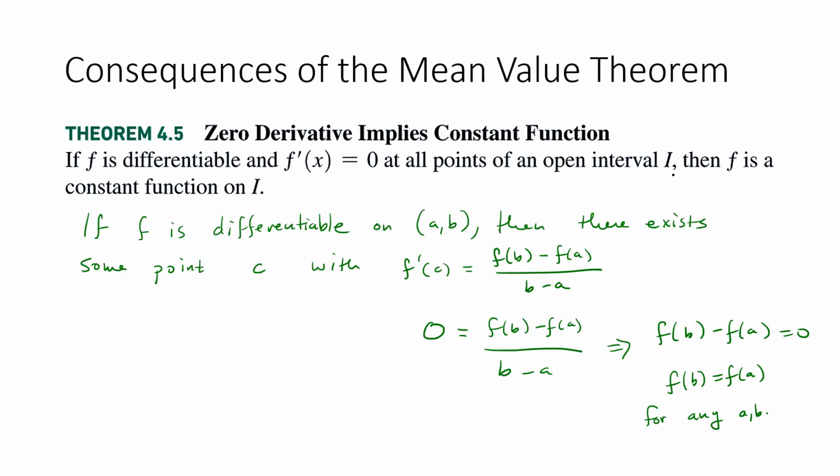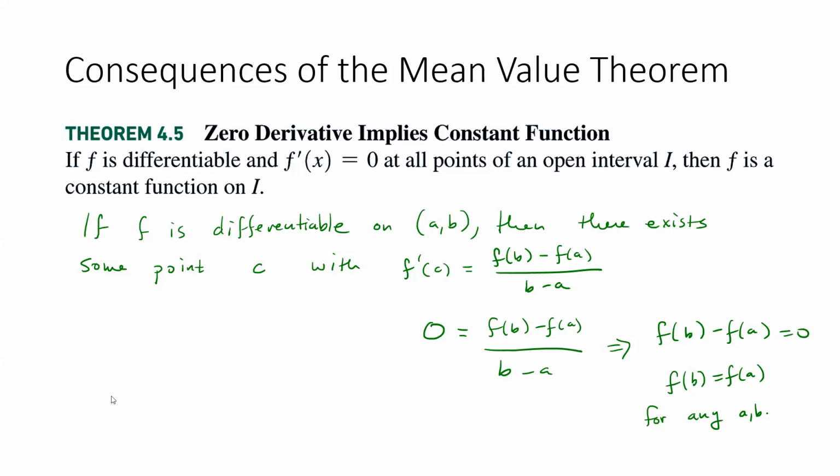Notice that a and b here were chosen arbitrarily because here we're assuming that its derivative is equal to 0 at all points on some open interval. So if I take any a and b that are on that open interval, then we've got here that they must have equal function values.